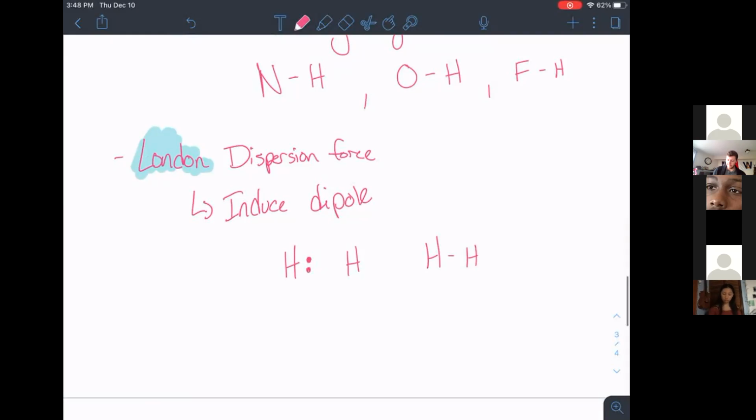Then in this one, the electrons are going to try and slide over here so that there can be an interaction between our two molecules. So they're going to induce or create a dipole for a moment to make this interaction.